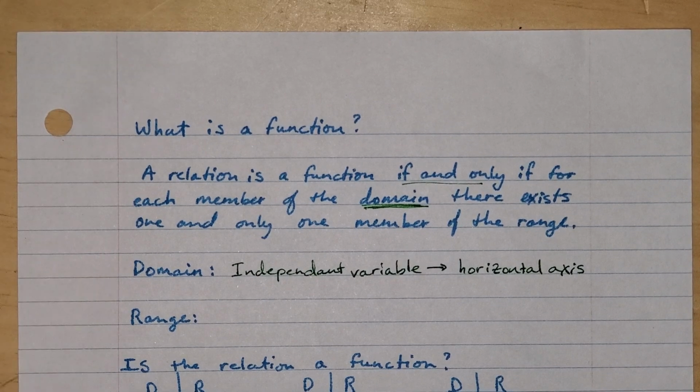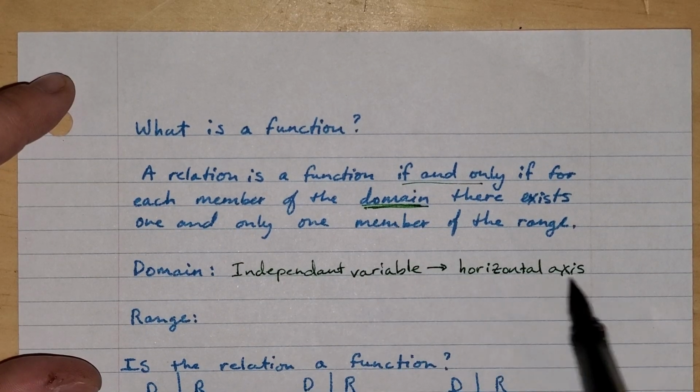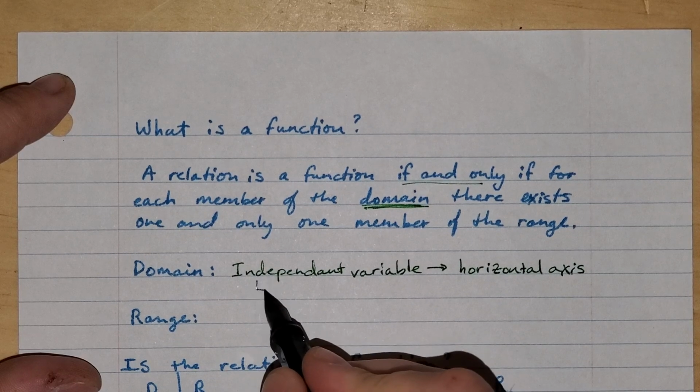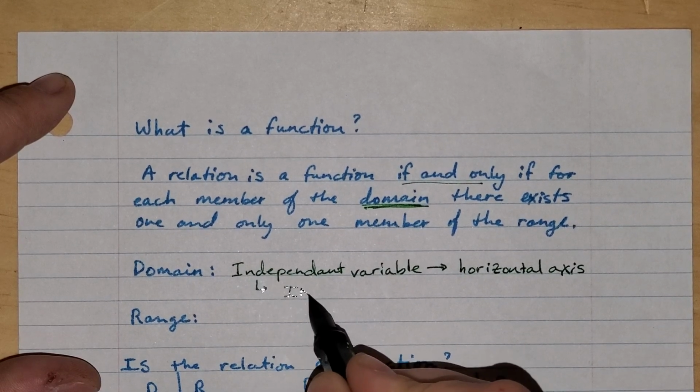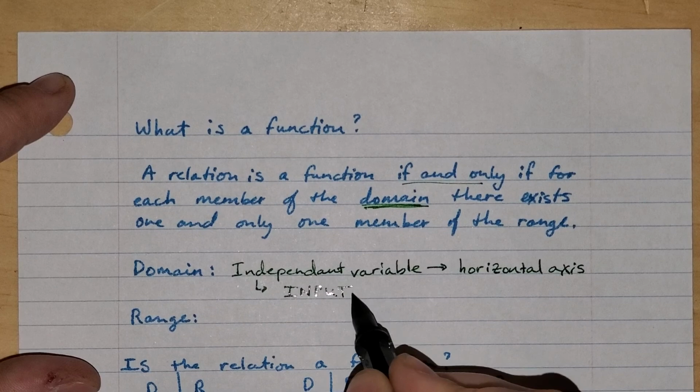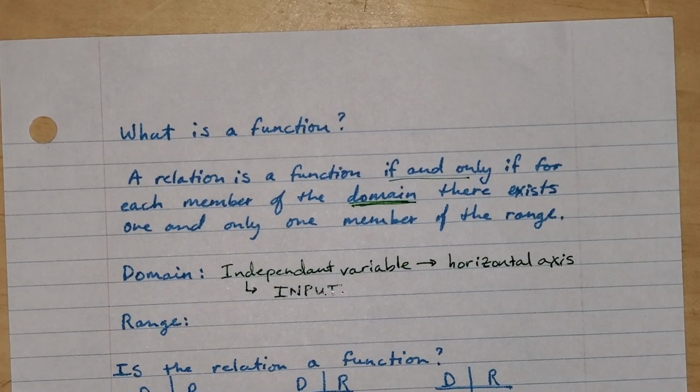But I like to make sure my students understand it's not just x, because if you go on to physics or engineering, you get an equation that has no x and no y, and then you don't know what the domain is. So the domain is the independent variable, which is the horizontal axis, and specifically the independent variable is always your input. And so if you have an equation and you're going to plug numbers into it, whichever letter you plug those numbers into, that is your domain. That is your input.